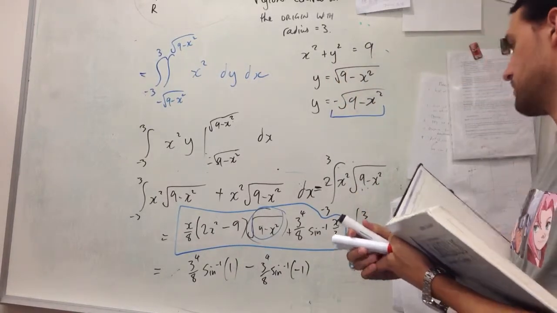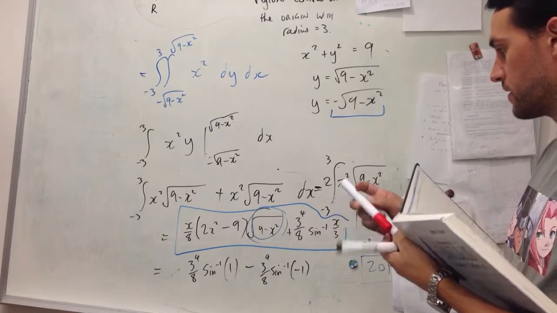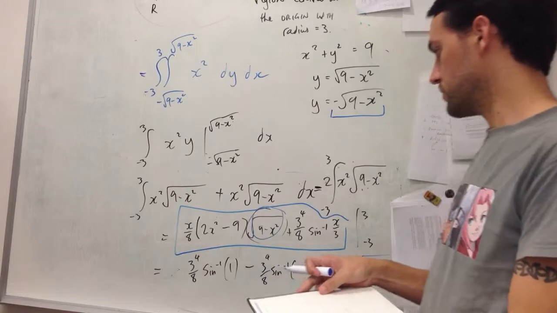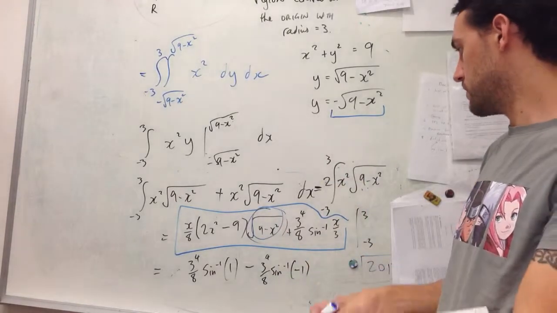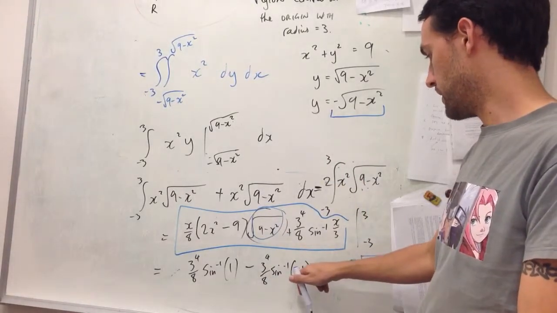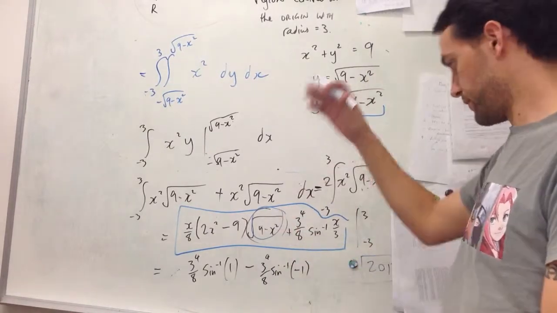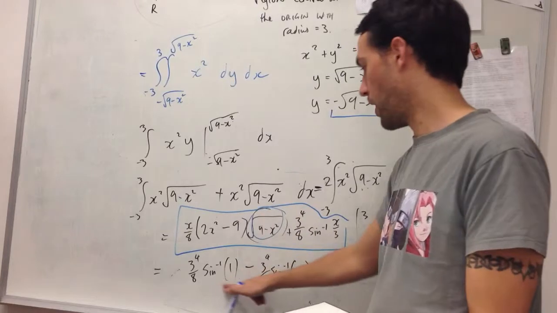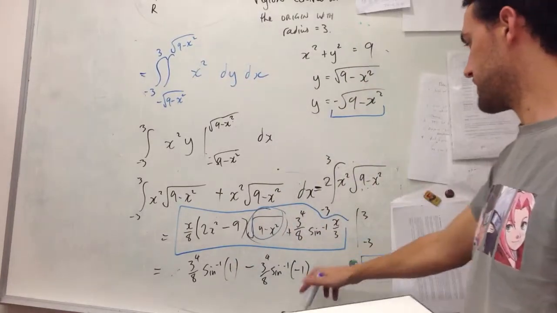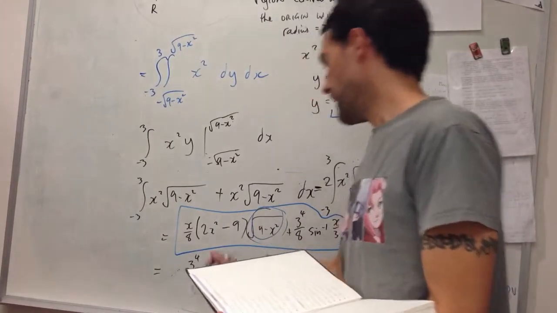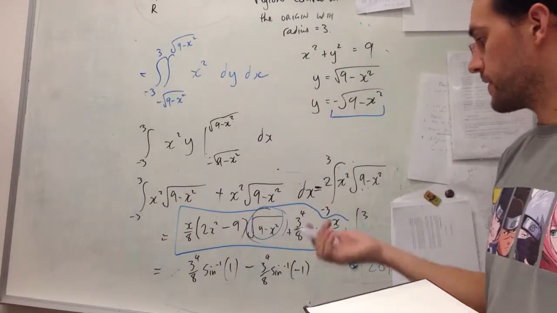Inverse sine of 1 gives us pi on 2, and inverse sine of negative 1 is 3 pi on 2, going around. So I'm going to have 3 to the 4, which is 81.